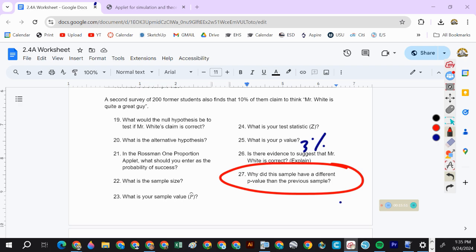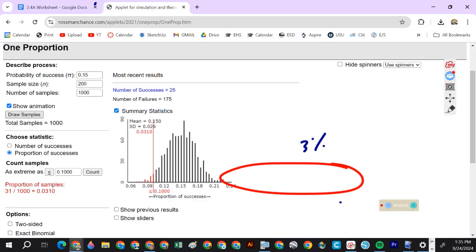Well, it's expected. Are you going to get 50% heads? Probably not, right? So if you flipped a coin 10 times, would you expect to be closer to 50% than if you flipped the coin 1,000 times? No, 1,000 times is more likely, and we can see that in our proportion app.